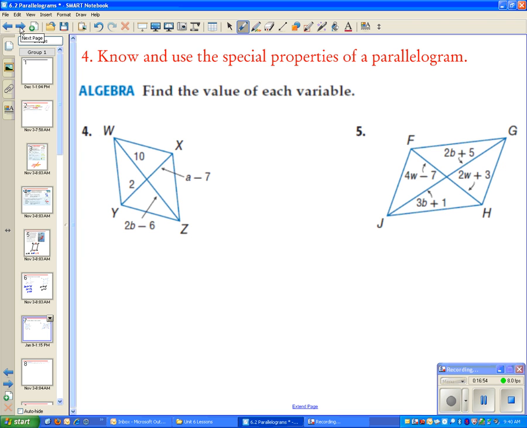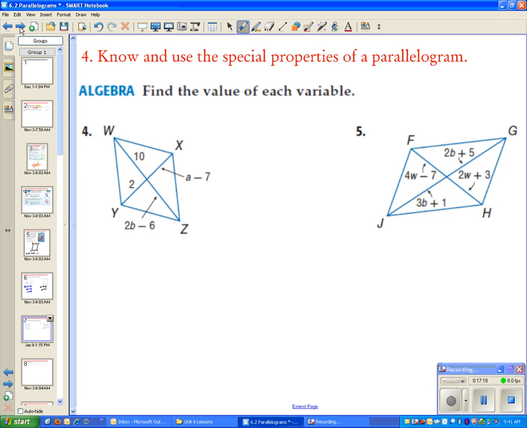All right, number 4. We're still trying to find the value of each variable, and these are still parallelograms. All right, what we've got going on here is they're giving us lengths of these portions of these diagonals. So what is it that we know about the diagonals of a parallelogram?